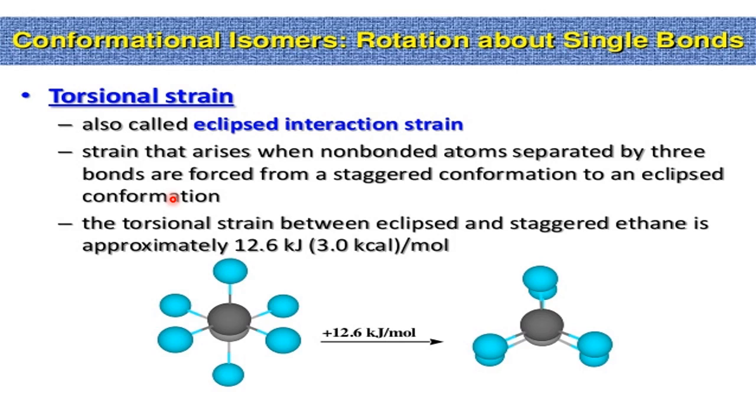Those are very difficult to isolate, very difficult to see, but they keep changing the structure, or the motion of the three hydrogens with respect to the other carbon, at every moment at room temperature. Who is forcing? Room temperature, collisions, energy which is more than 12.5 kilojoules per mole, that is forcing ethane to go through all these rotations. That is what has been given here, approximately 12.6 kilojoules per mole.